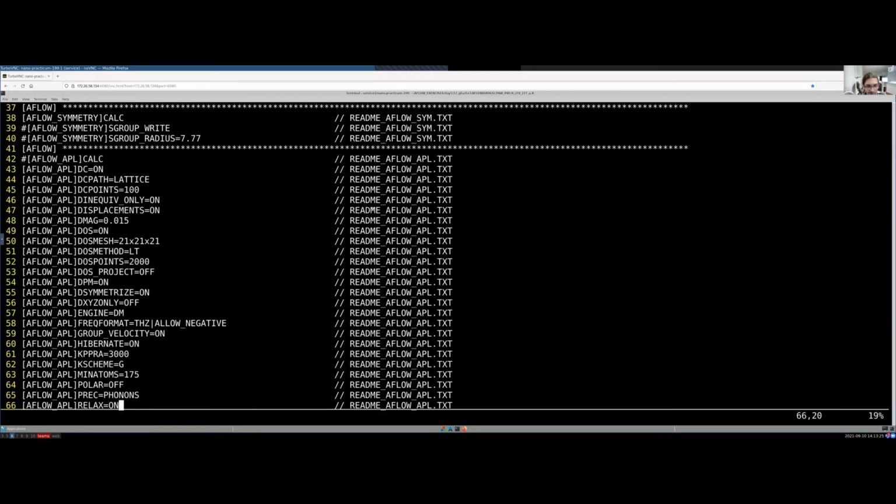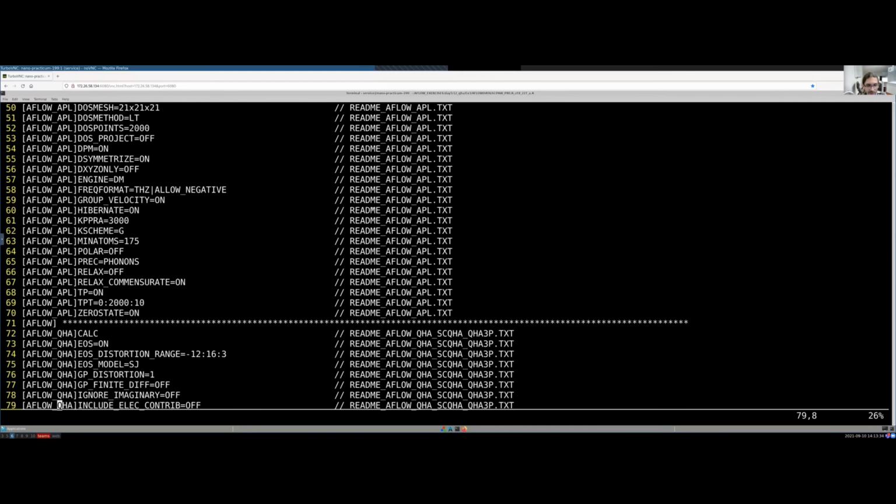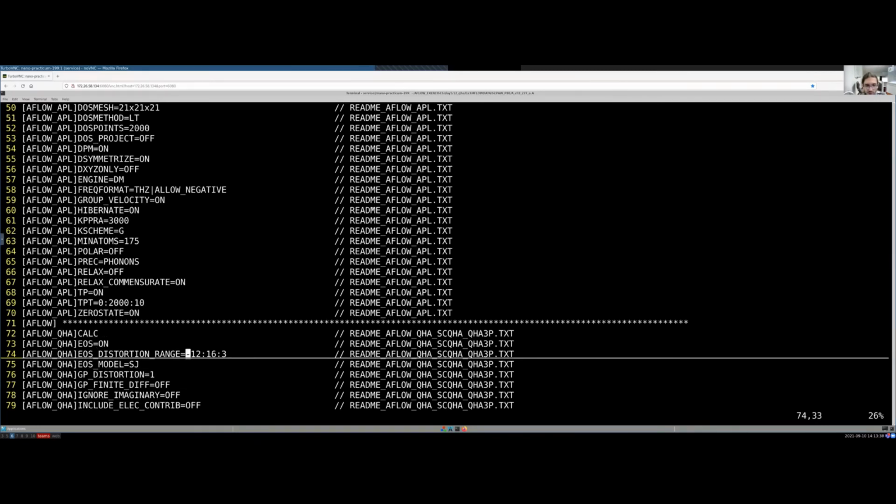And for the purpose of this exercise, we also switch relaxation off. On the QHA side, more or less everything is there. It's just for this exercise, we want to change our volumes to be from -3 to 6 with a step of 1%. And then I save the file.